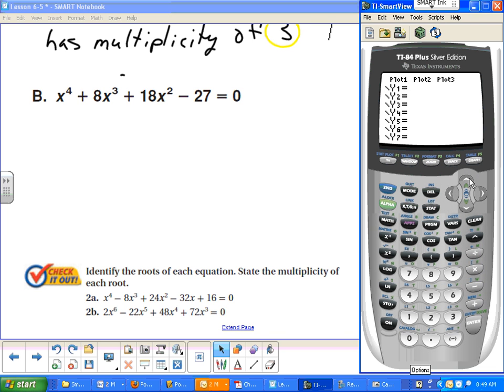And graph it. And then go back to your standard viewing window.